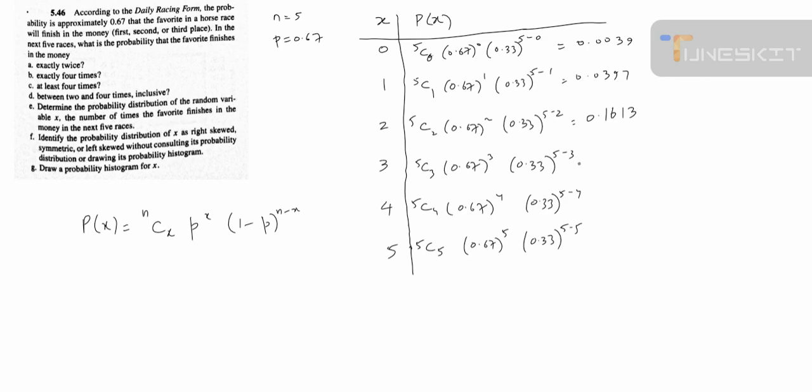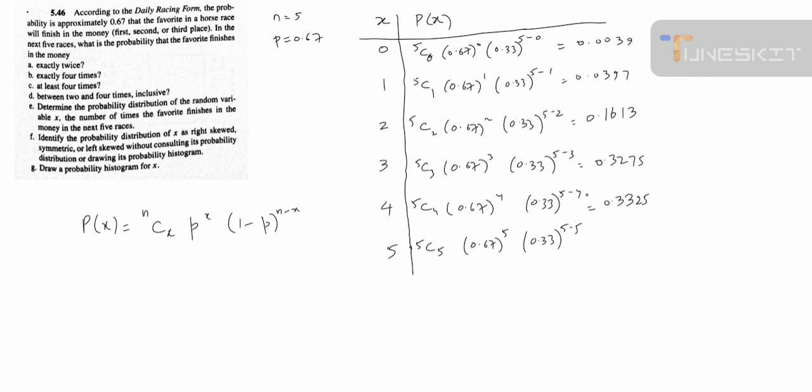That's 0.3275. 5C4 is 5. 5 times 0.67 raised to the power 4, then multiplied by 0.33 gives you the probability of 0.33249, so we can round it off to 0.3325.